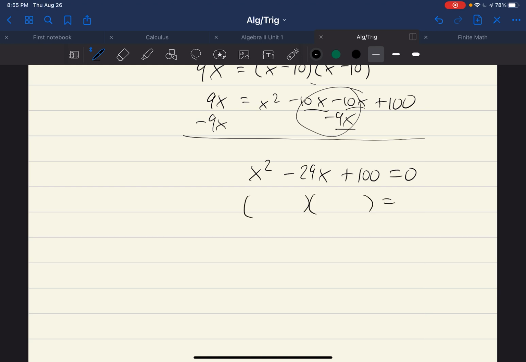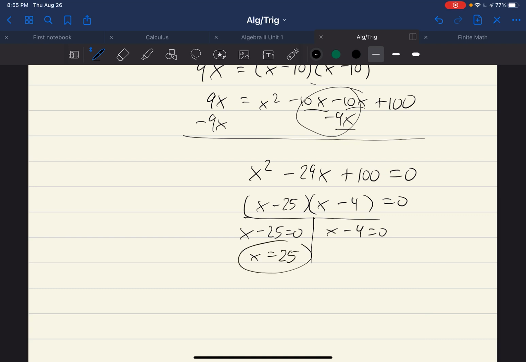So we get x and x. 25 and 4 make the 29, so it's minus 25 and minus 4. The zero product property gives me two solutions here: a positive 25 as one solution, and a positive 4 as another solution.